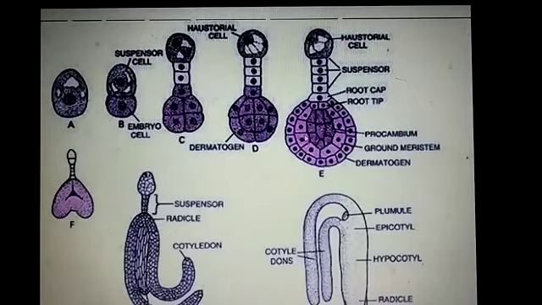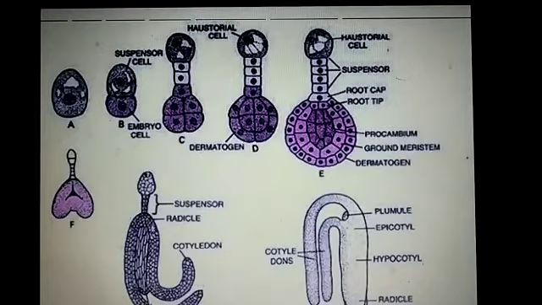Student, this is the globular structure, and after that it forms the heart-shaped structure. Here you see this structure after bulging forms a heart-shaped structure, and here the plumule is present. After the globular and heart-shaped structures, it continuously divides and forms cotyledons.